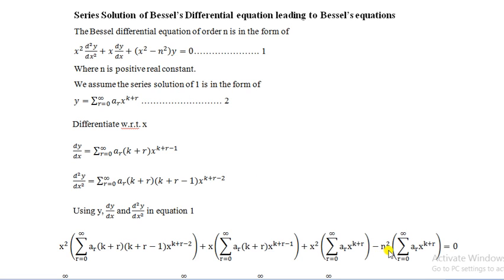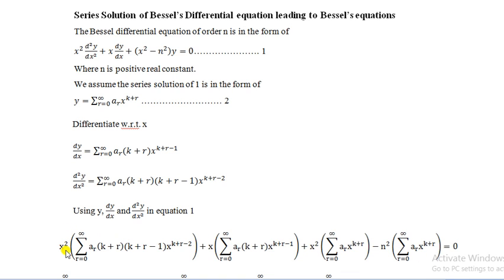So minus n square, again for y use the equation number 2, which is equal to 0. So in equation number 1 we substitute the results of d square y by dx square, dy by dx, then the y term. Then we will get this equation.